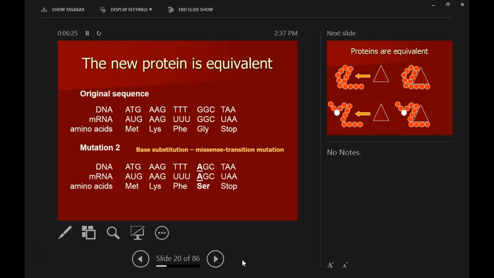But the basic idea is, since we're going from a purine, G is a purine, to an adenine, which is also a purine, that's what we call a transition.